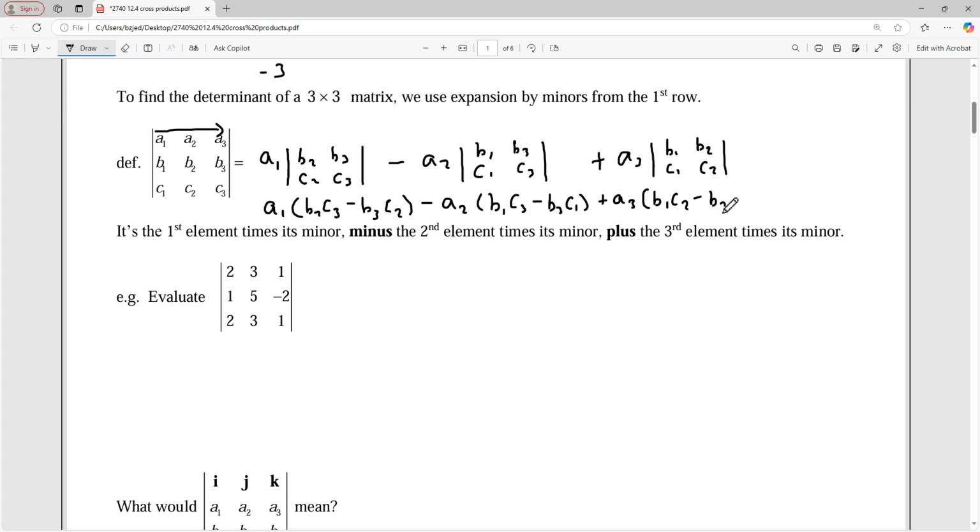This is the actual formula for a 3 by 3 determinant. Yeah, no one memorizes this. No one ever memorizes this, but this is the actual formula.